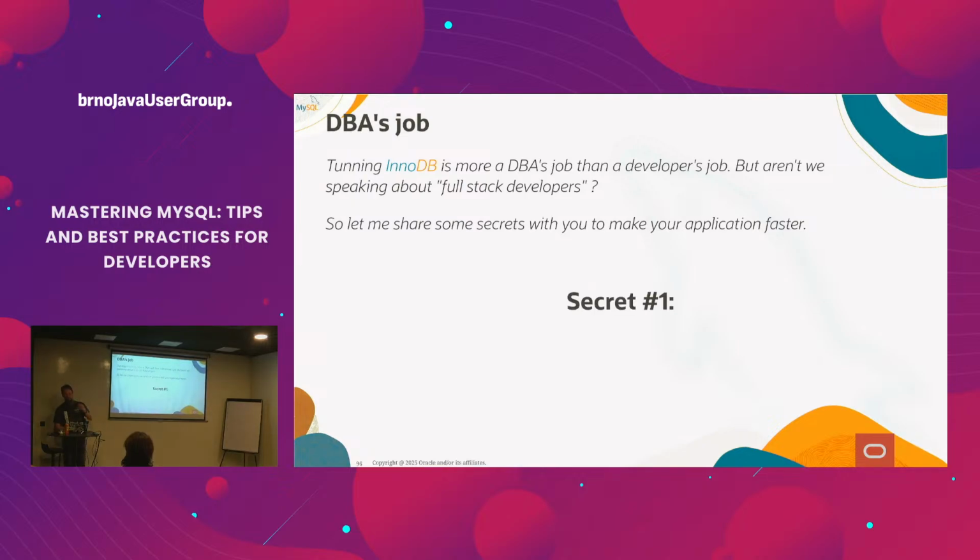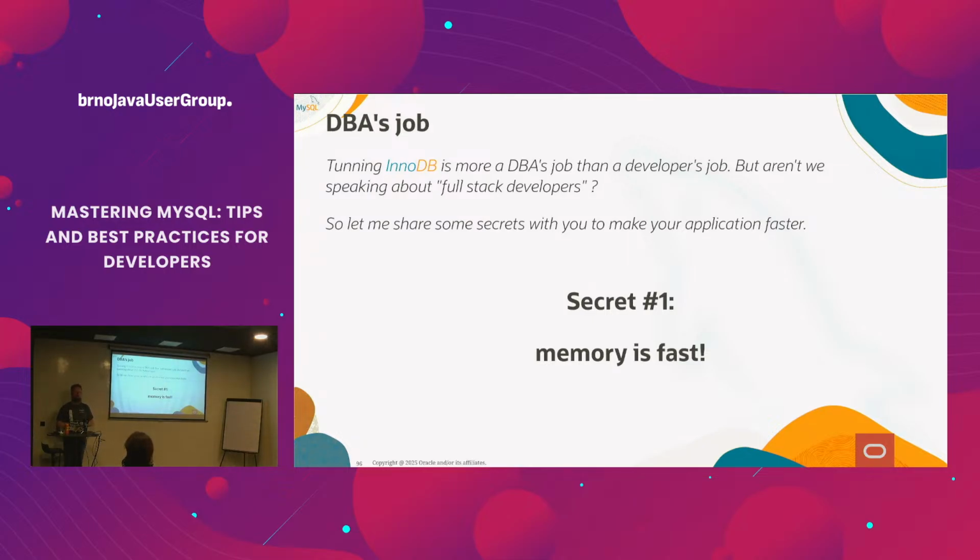So maybe on YouTube, but memory is fast. Everything we can do in memory, we should do in memory. Disks are slow, even if we have fast disks, SSDs and so on, memory is always faster. So we should try to keep everything in memory. What is the biggest example of a consumer of memory in MySQL?